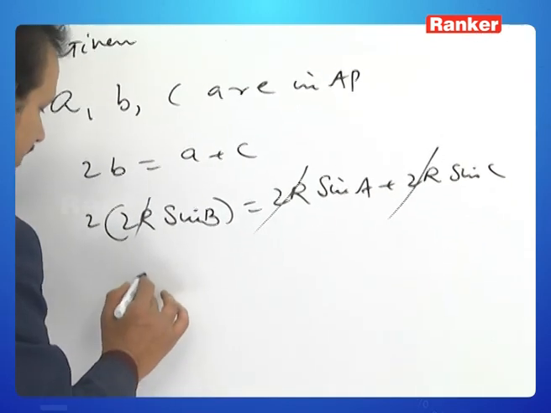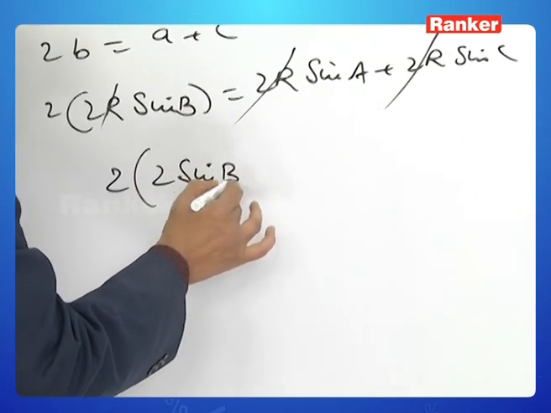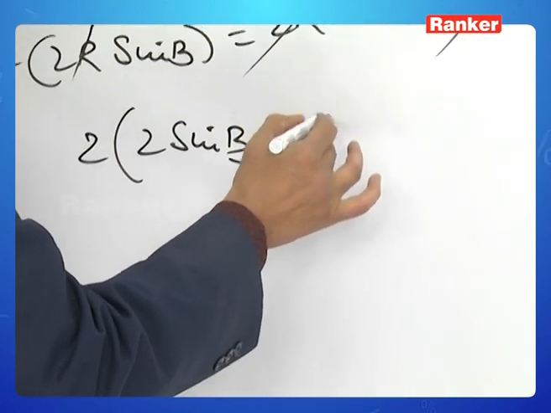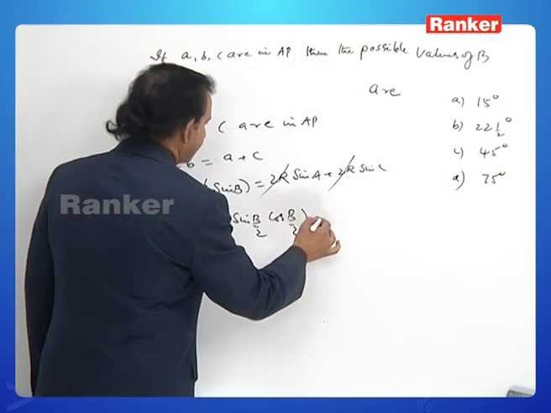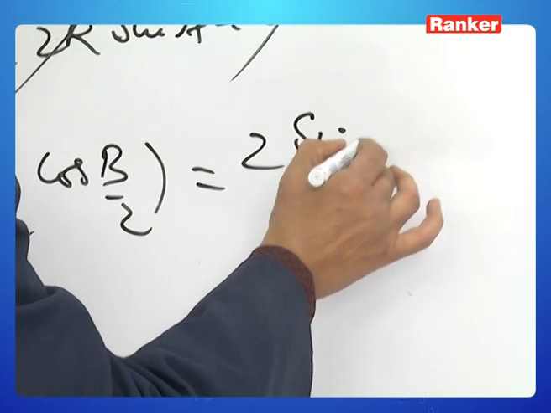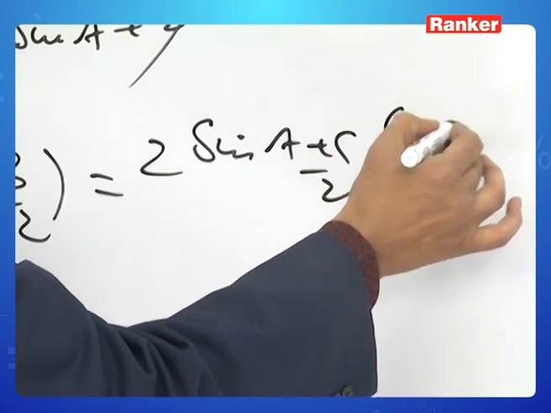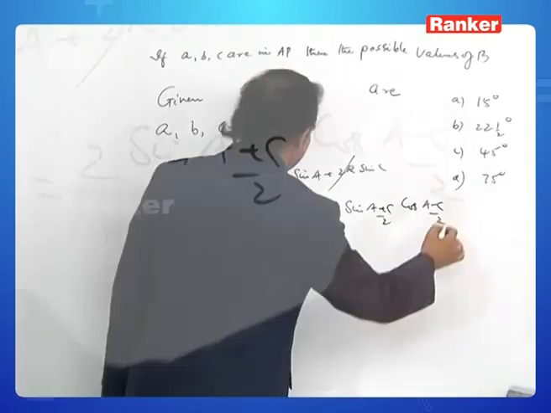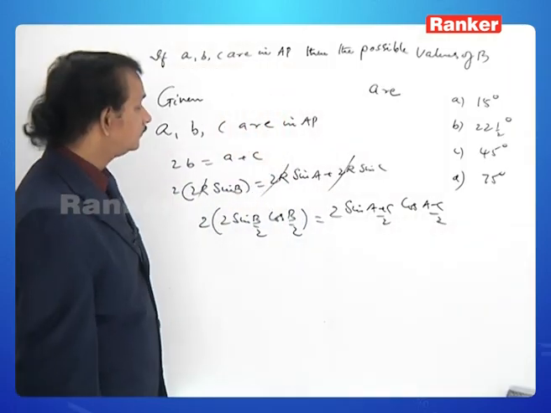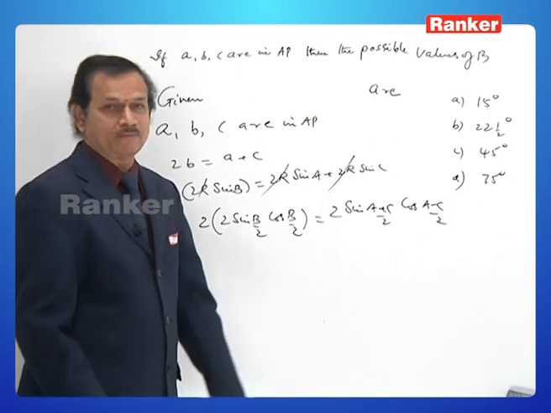What is 2 sin B? 2 into 2 sin B by 2 cos B by 2. What is sin A plus sin C? 2 sin A plus C by 2 cos A minus C by 2, right? Well, my dear, here you may have to recollect one more important thing.